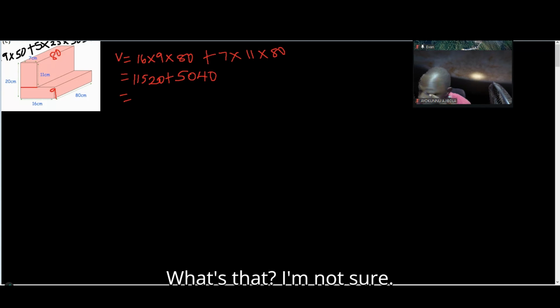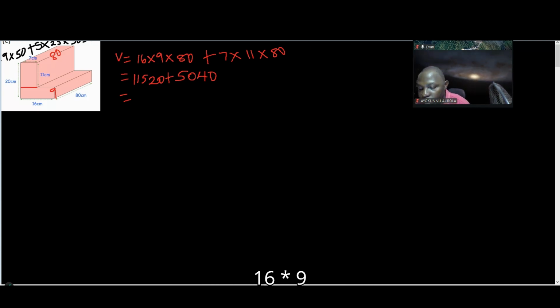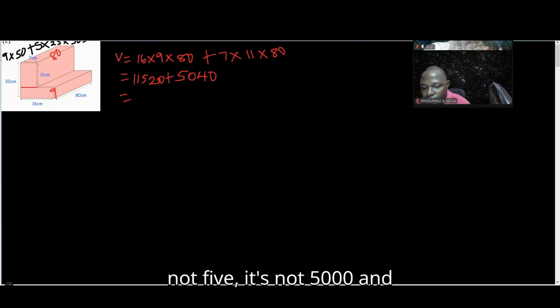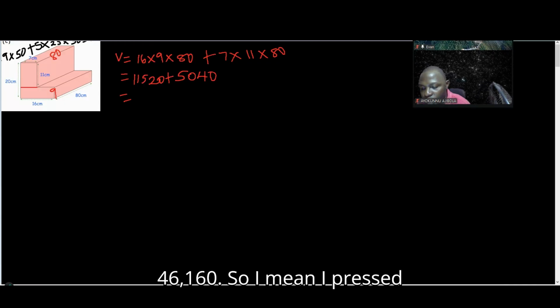So let me confirm that again so that I can be sure. 16 times 9 times 80, 11,520, then 7 times 11 times 80. Oh, 7 times 11 times 80 is not 5,040, it's 6,160.